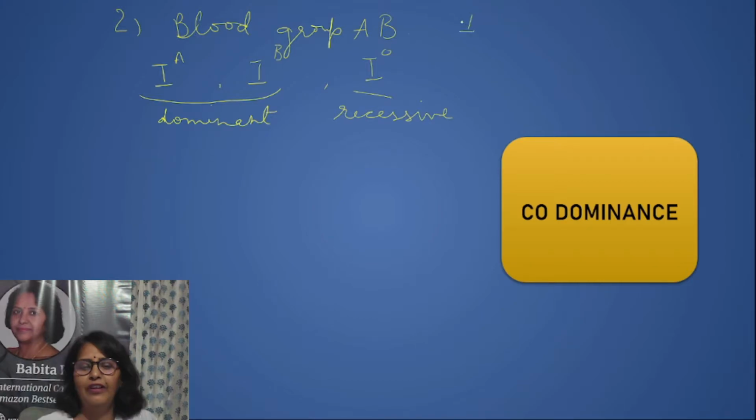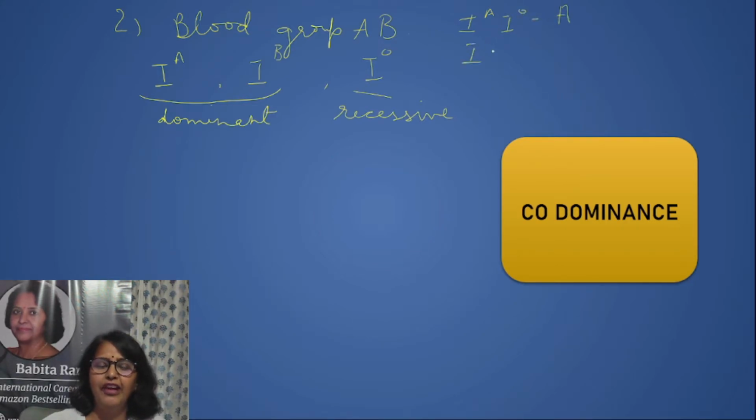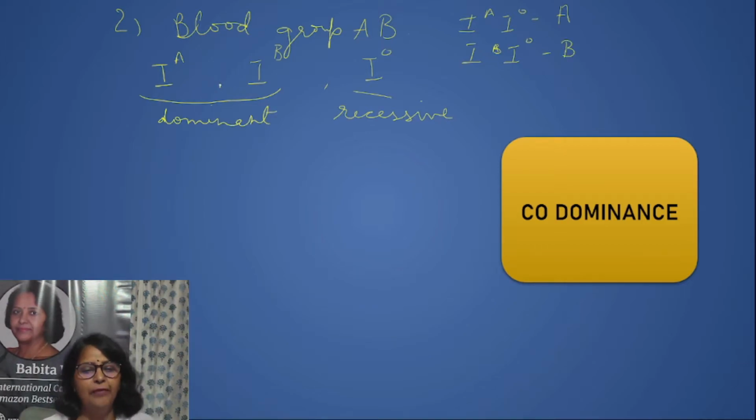If we have IA and IO, we will have blood group A. If we have IB and IO, we will have blood group B. That means A is dominant over here and B is dominant in this case. So both these alleles are dominant when present with IO.